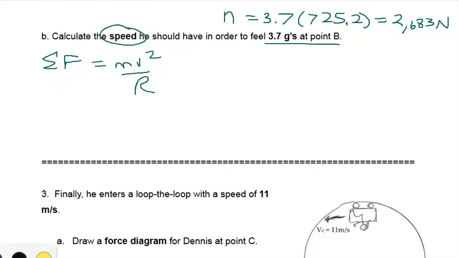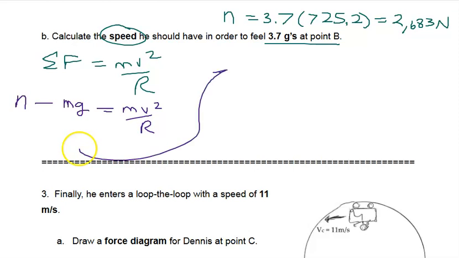we are ready to apply in, which is the normal force, minus out, which is the weight, equals mv squared over r. We know we want the normal to be 2683.